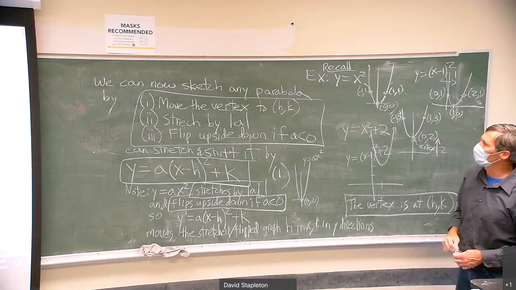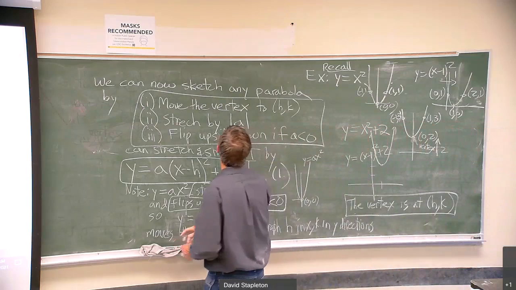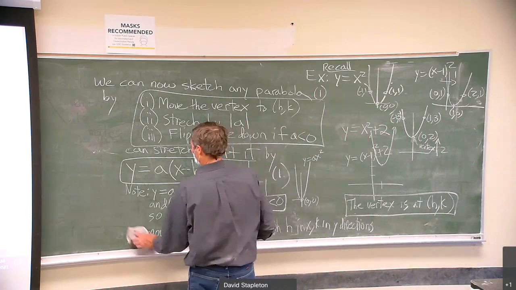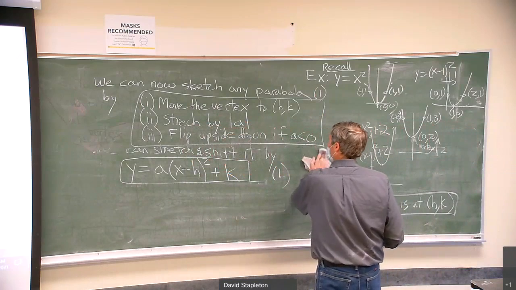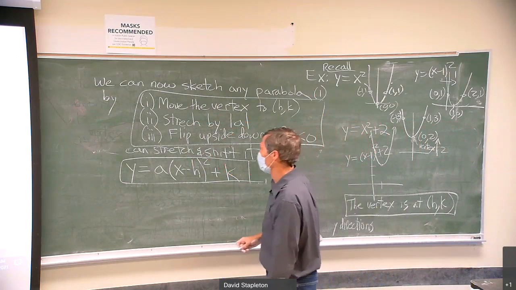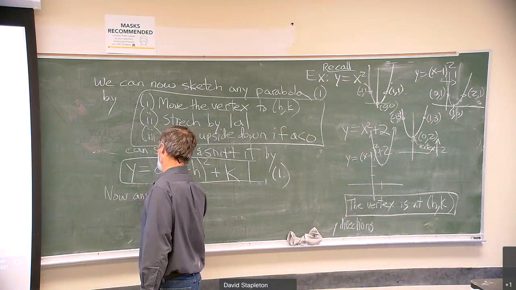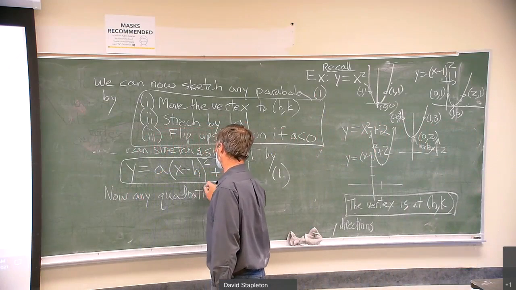But you have to put it in form 1. So let's say any parabola in form 1 is graphed by doing that. But how do we put it into form 1? The fact is that any quadratic function can be put into form 1 by completing the square.